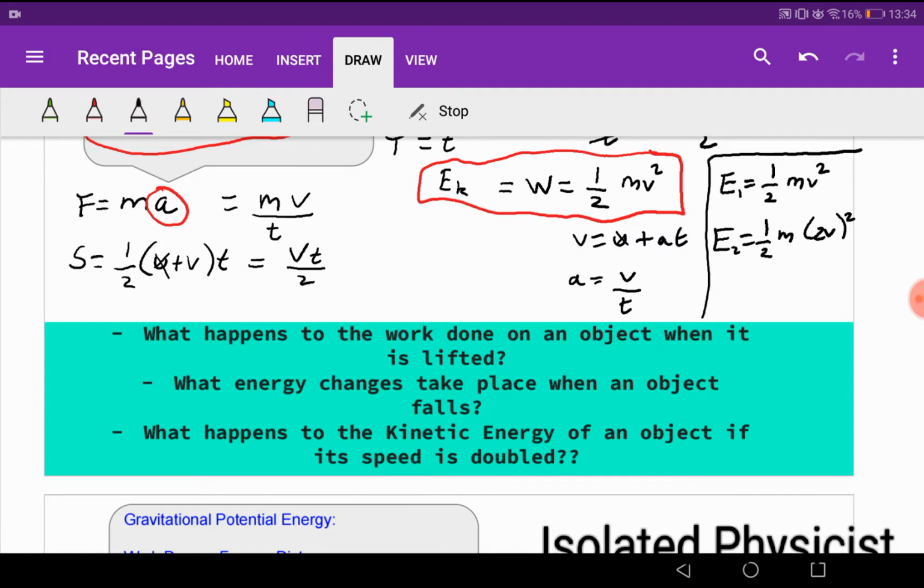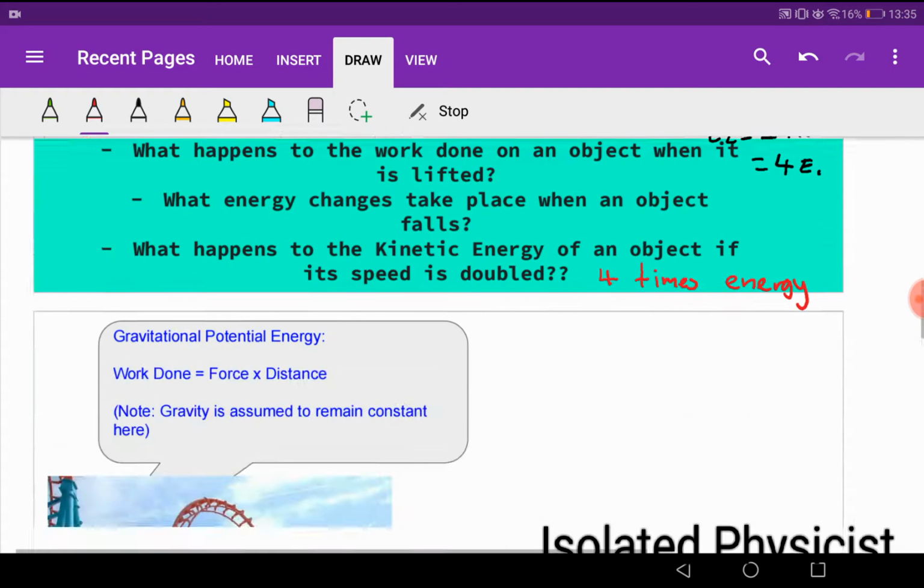Now our E2, because we're putting 2v in, is going to equal a half multiplied by 2 squared, which is 4, times m v squared. So E2 is going to equal 2 m v squared, which you can see is 4 times E1. So if you double the speed, you get 4 times the energy. That's why speed limits are so important.